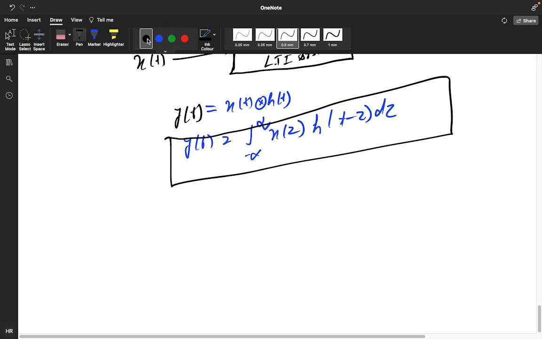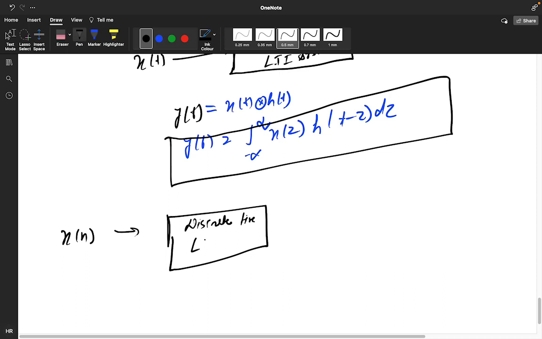And if it is a discrete time LTI system, you will get y of n, and this is your h of n.